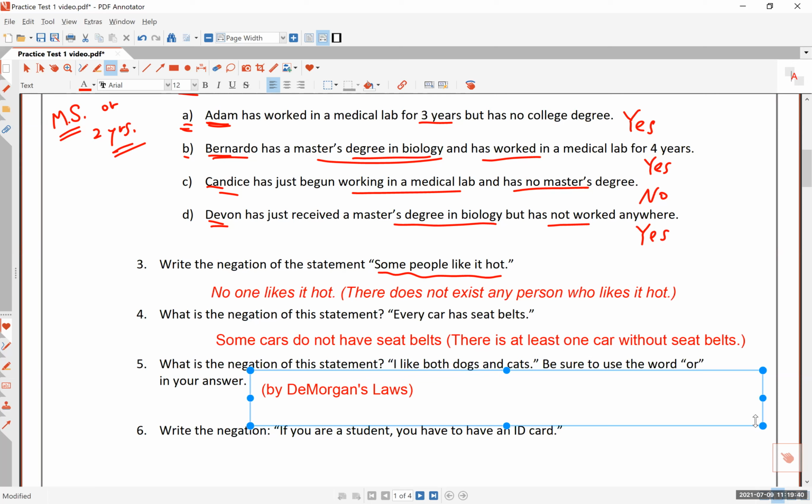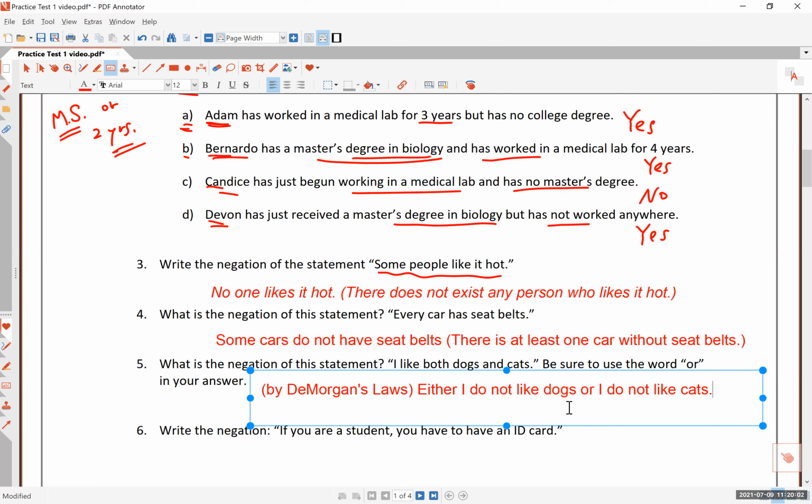Okay, so the negation would be, as it states here, be sure to use the word or. So I like both dogs and cats. The negation is: either I do not like dogs or I do not like cats.